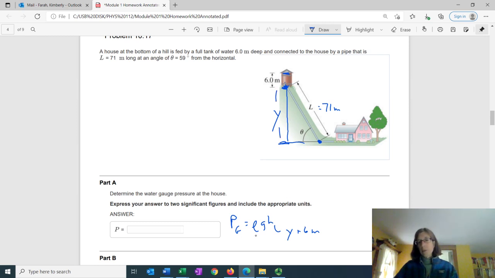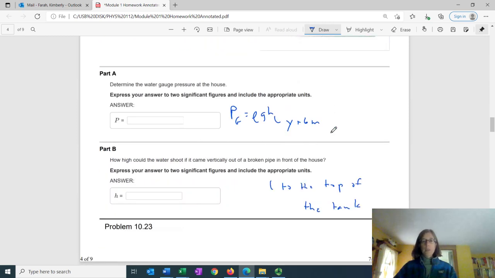So the gauge pressure is just going to be the density of the water times g times the height. And using trig, because they're giving you the angle here, you can determine what that height is and add that to the height of 6 meters to find the total gauge pressure being exerted.